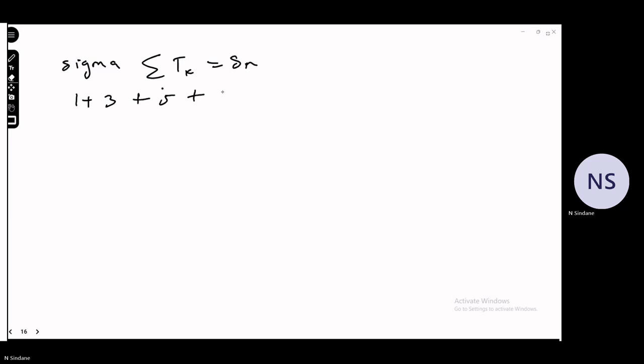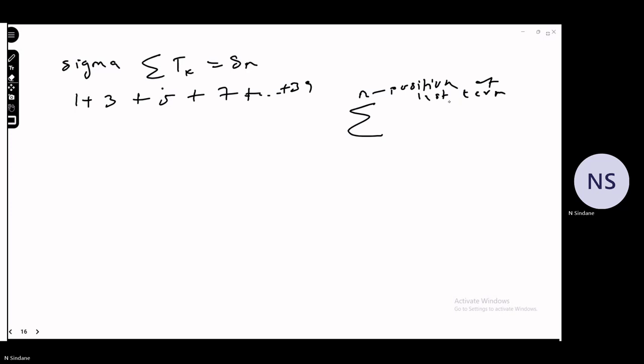Given this series, we need to write it in terms of sigma notation. This is 39 at the end, plus 39. So we need to write this series in terms of sigma. Here, which is represented by n, this is the position of the last term.